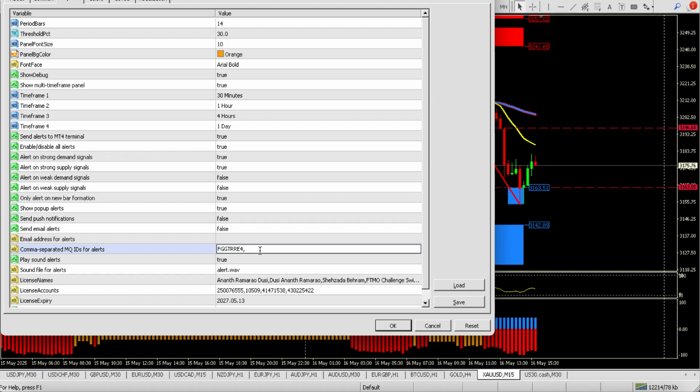You can add multiple IDs, hundreds of IDs at one time. Once the signal is generated, it will be sent to all those mobile apps through their IDs, and the users will be notified promptly at the same time.